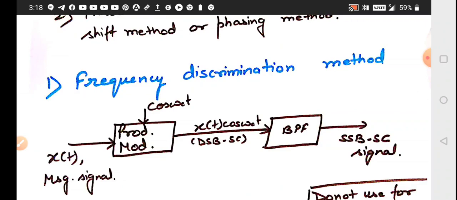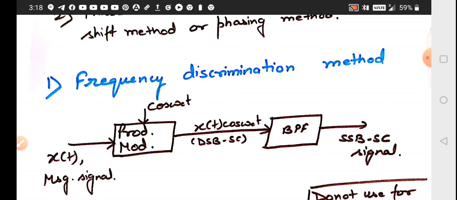Because if we want to generate a single sideband suppressed carrier signal, we have to filter out one of the two sidebands of the double sideband suppressed carrier signal. So this suitable band pass filter will reject one of the sidebands and pass only the desired sideband.